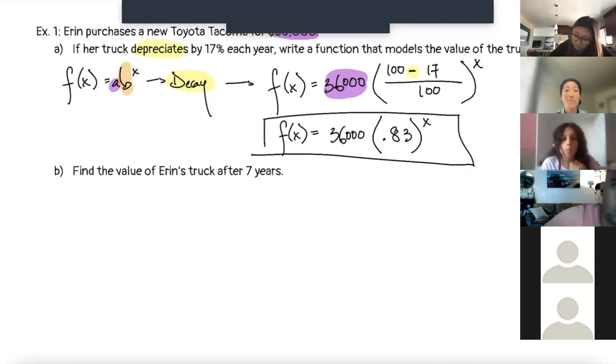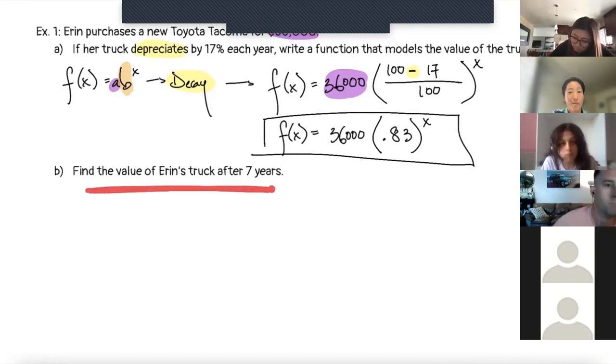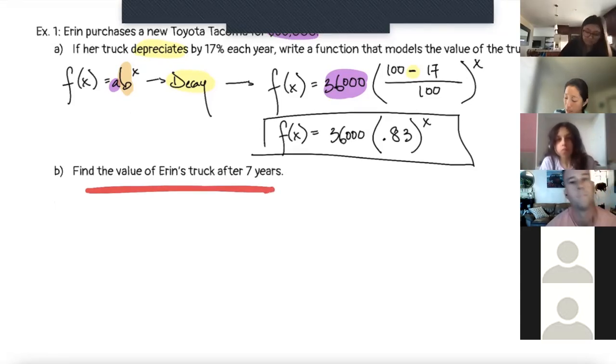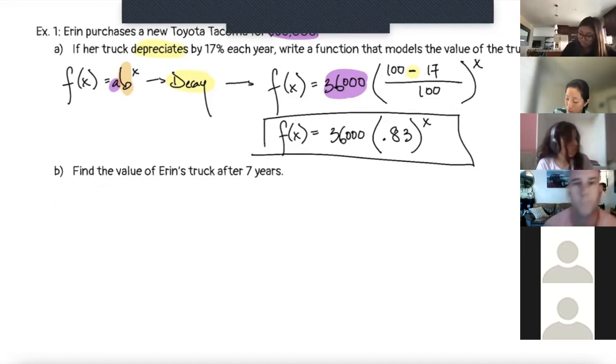All right, so what can we find with this equation? This equation is going to help us find out the value of her truck after 7 years, okay? So this x in the exponent, I said earlier, that's the time cycle. So everywhere we see an x, we're going to go ahead and put 7, okay?